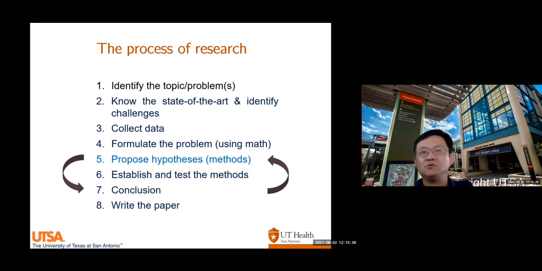Okay, so once we formulate the problems, we have to come up with so-called hypotheses. In engineering, we don't use hypothesis to describe what we propose. Oftentimes, we propose methods. The reason I still phrase this step as a proposed hypothesis is because this is quite common to scientific studies, where you propose different hypotheses to test. Whereas in our case, for engineering, we propose methods.